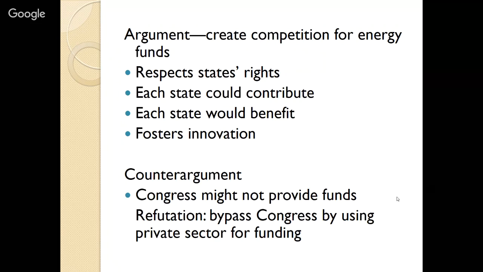So her counter argument is, how do you fund this? Congress might not provide the funds because, of course, Congress is known for this incredible gridlock. Congress cannot agree on anything. And her refutation is, well, you could bypass Congress by using the private sector for funding. And there is precedent for that.